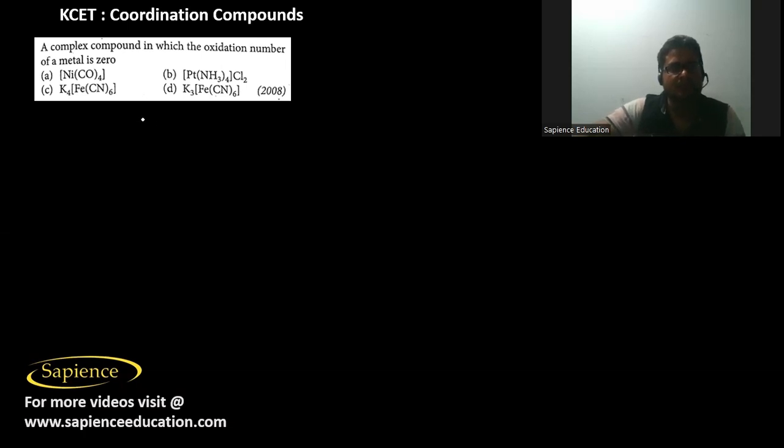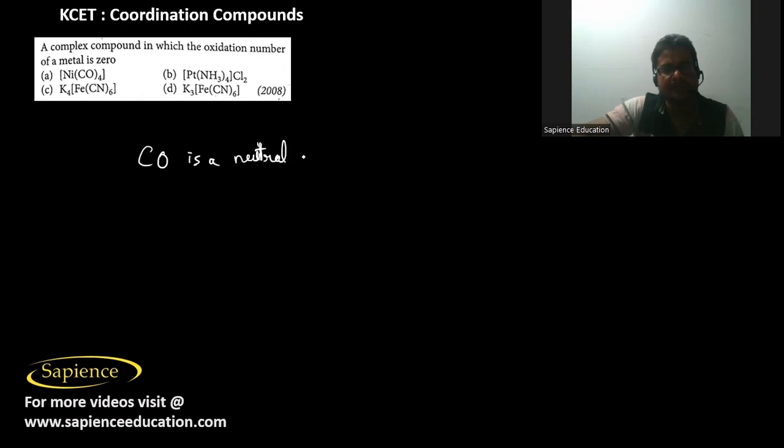Then here it is told a complex compound in which the oxidation number of the metal is 0. So here the rule is that CO is a neutral ligand.